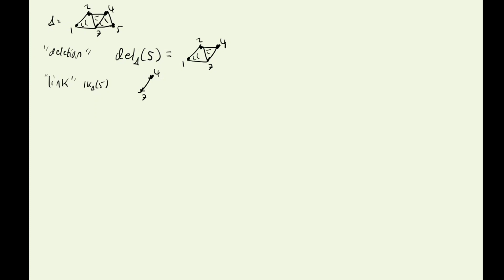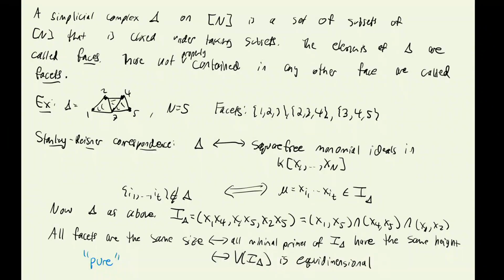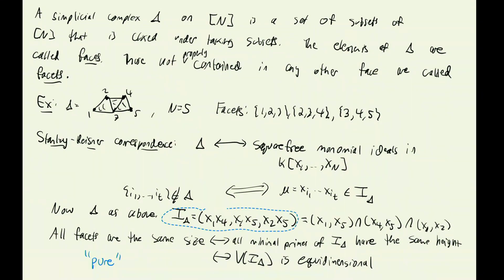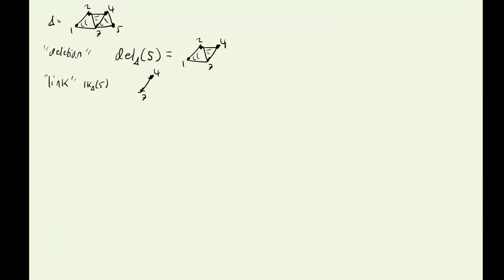Let's think very quickly about how we can get the ideals of these new simplicial complexes directly from the ideal I delta, and that will set the stage for something we'll do tomorrow called geometric vertex decomposition. If I want the ideal of the deletion, then 5 is no longer in my complex. And if 5 is not in my complex, 5 had better be in my ideal, because like Alan told us, it's really important to allow vertices to not necessarily be written down, even if they're in the ambient set.